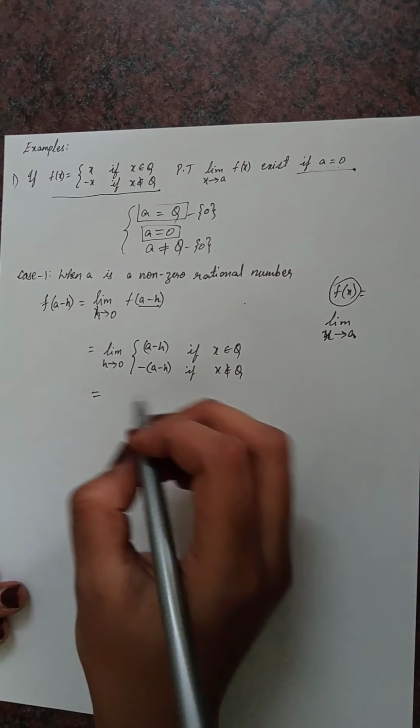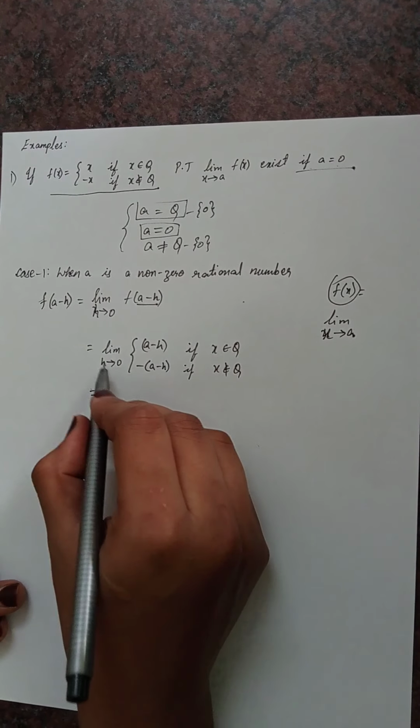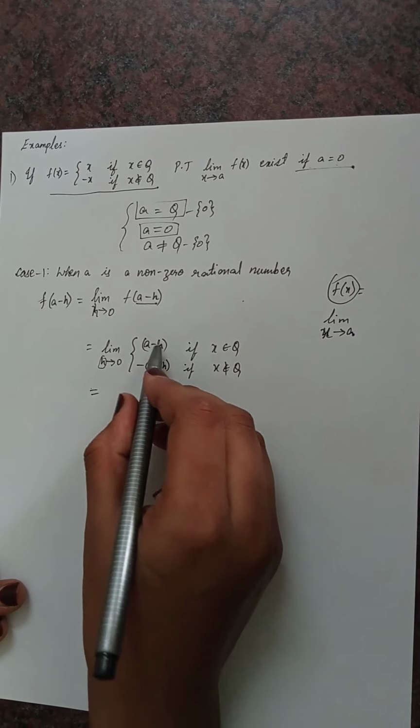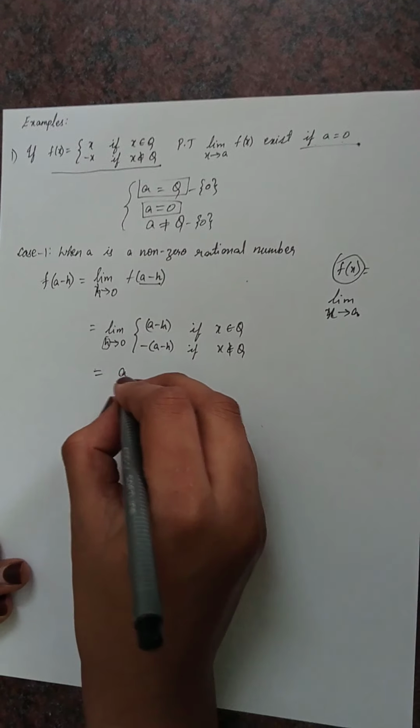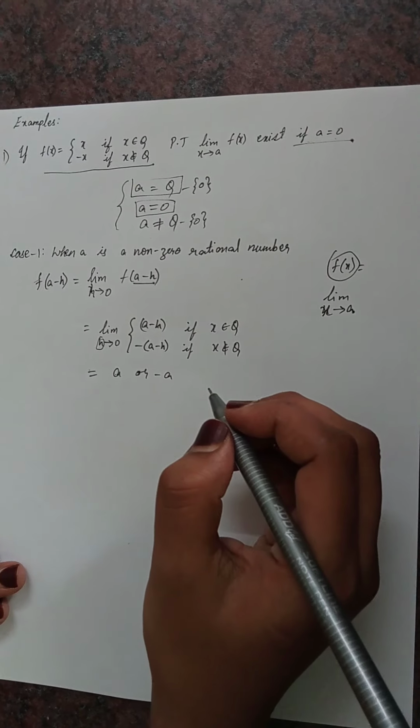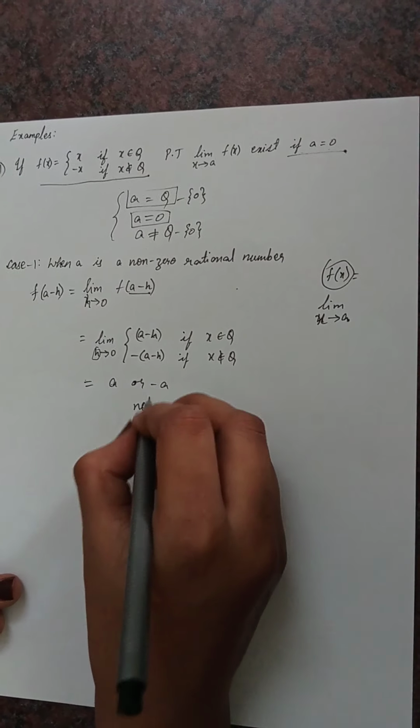So now if I solve this, if I put limit h tends to 0, obviously both the h will be 0. So I'll get it as a and minus a, which is not unique.